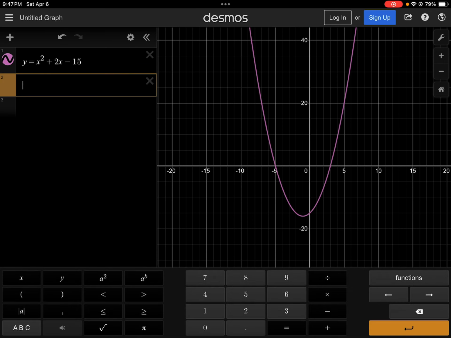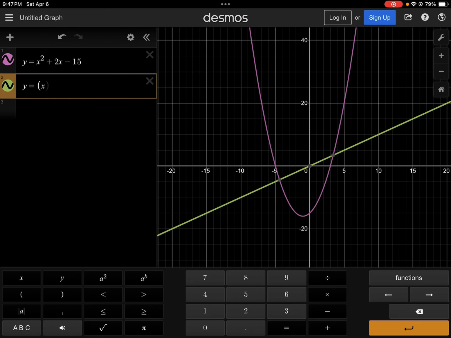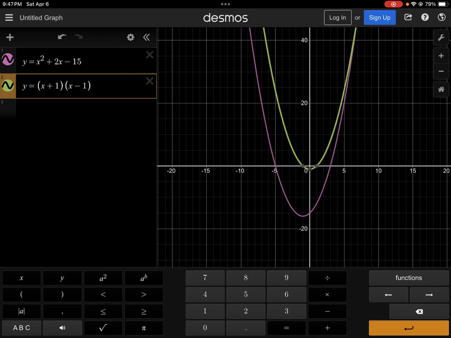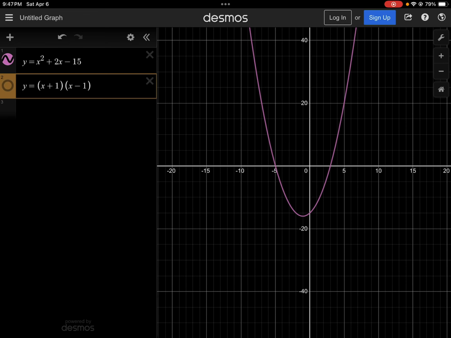Start with the first one, y equals. It says k of x, but as long as I put y equals, I get the same job and I type less. k of x is equal to x plus 1, parenthesis x minus 1. That's a different graph, okay? So that's not it.